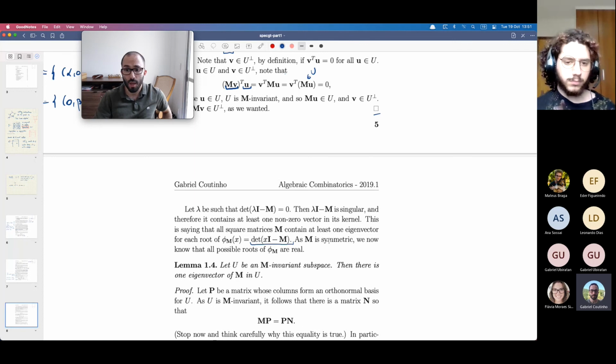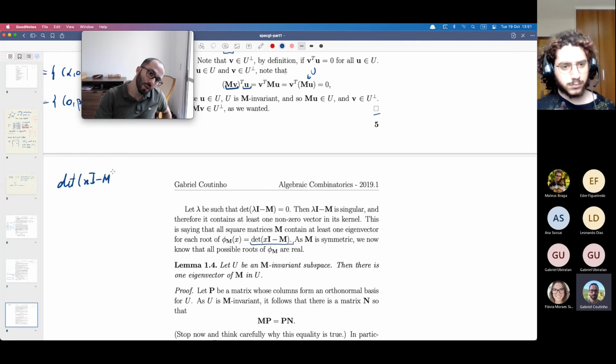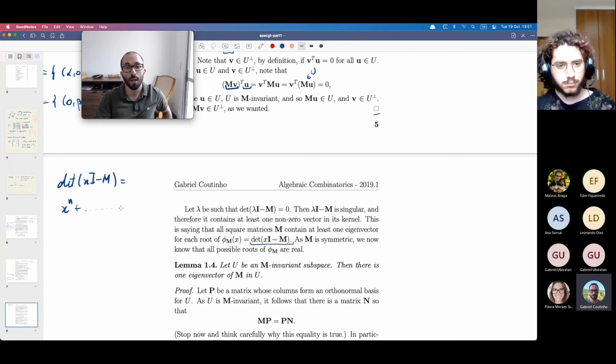Now, N is symmetric. We know that all possible roots of the characteristic polynomial are real, so I will simply come here and write the characteristic polynomial of N. So this is x to the n plus blah, blah, blah.